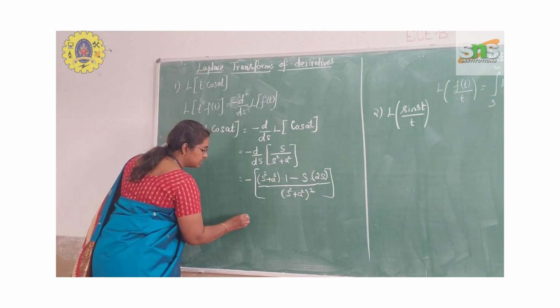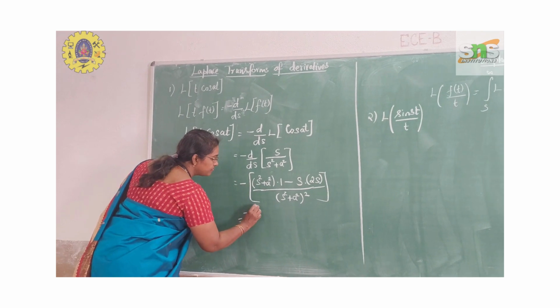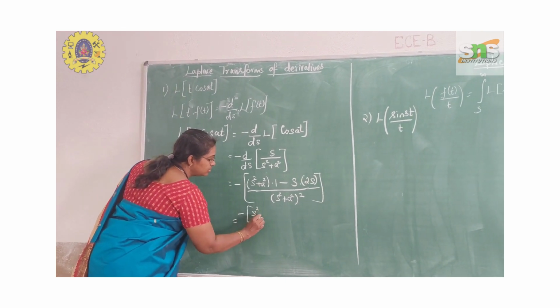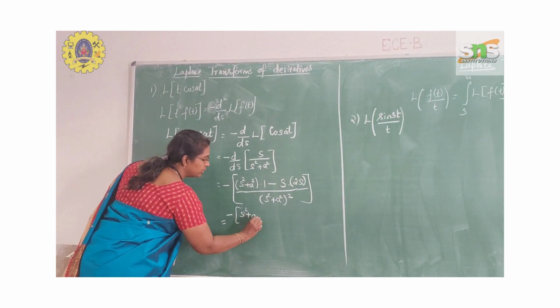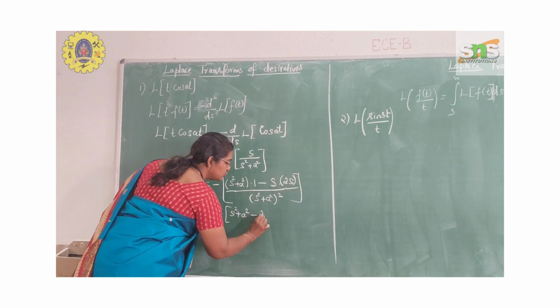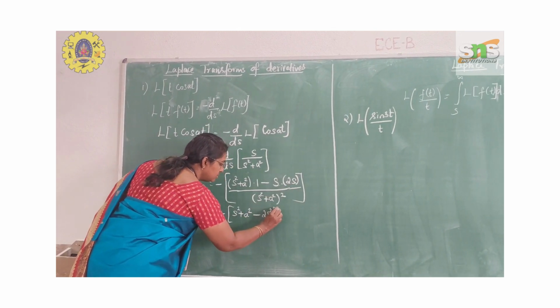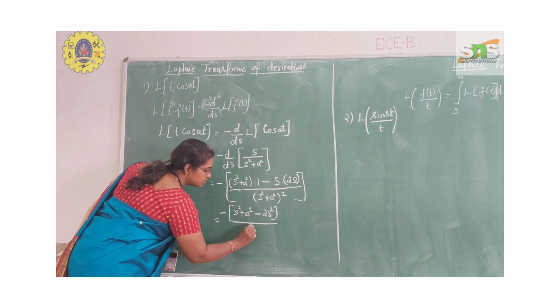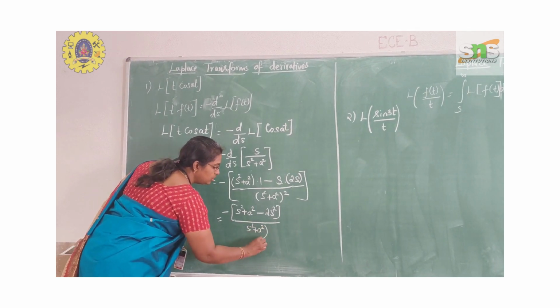After this, we conclude the term: minus of s square plus a square minus 2s into s, that is 2s square, divided by s square plus a square the whole square.